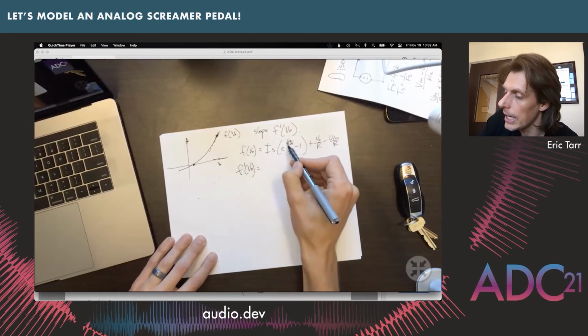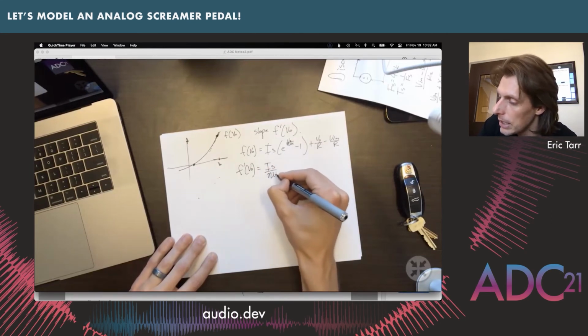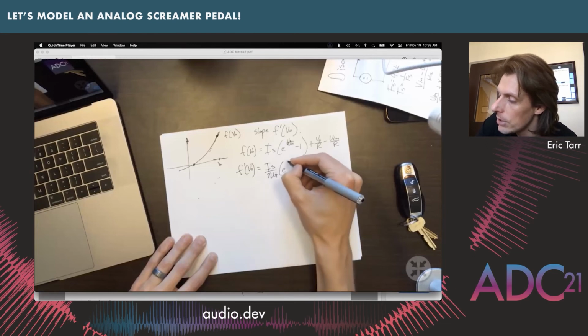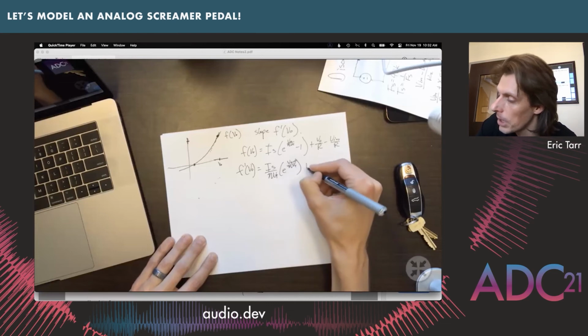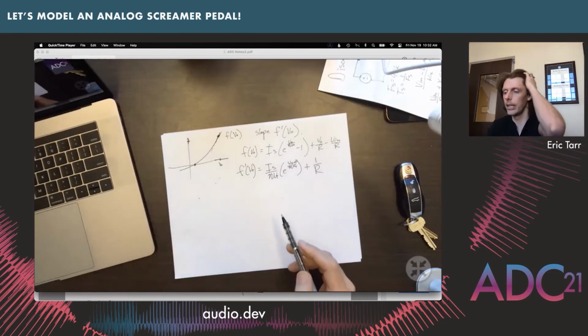There's going to be this eta VT that comes out front, IS divided by eta VT. Then we just have E to the V out over eta VT. So that's one term, plus 1 over R. Okay, so this is our slope.